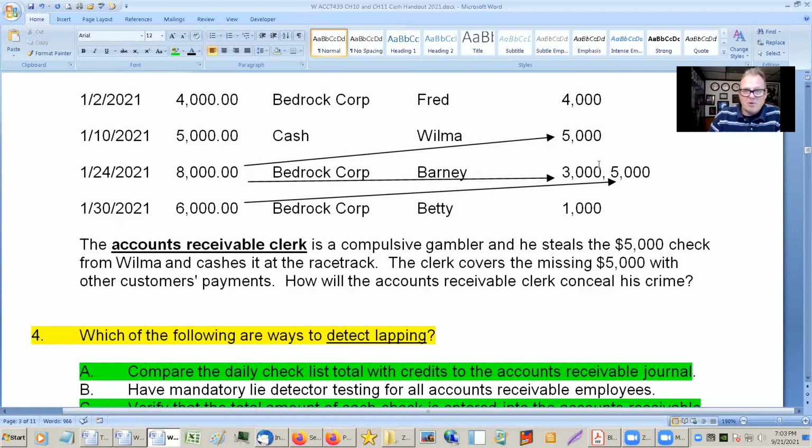If it's applied to more than one account, it's a possibility that this is a lapping situation, that they're breaking it up into other accounts. You especially look for larger checks coming in, since they would be used to pay off the other ones. So yeah, both of those would do it.